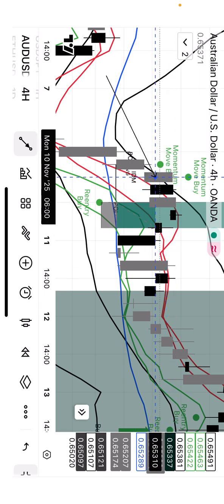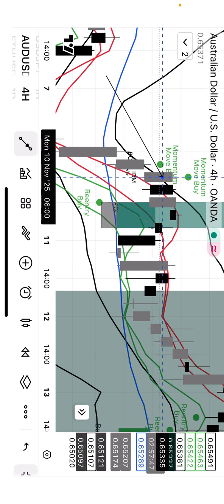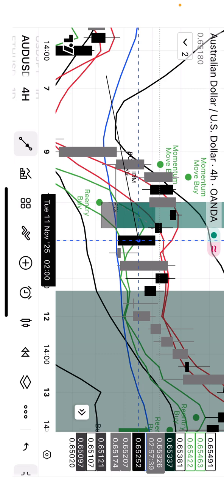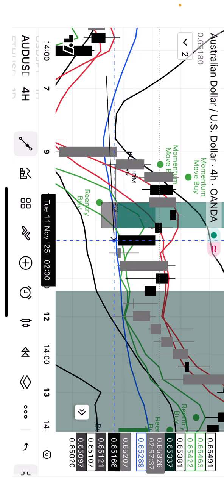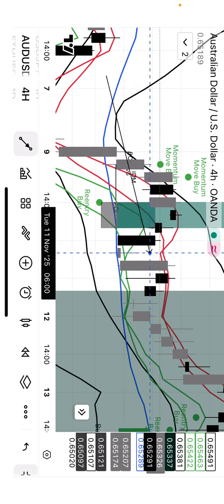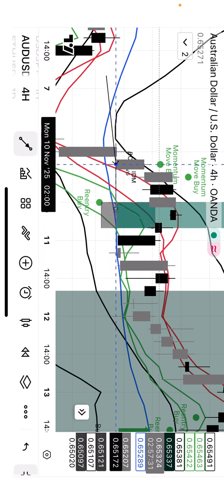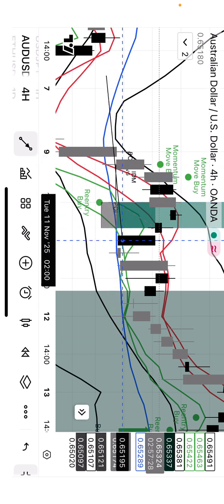Price closed above this black line, the upper black line, with a bullish candle. So I expect it to retrace back to the green line before it buys again. So see where the green line was at that time. I came back from this side to this side to the green line, because the green line just moves now. I just marked it.